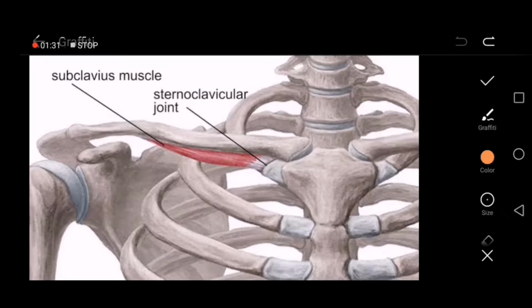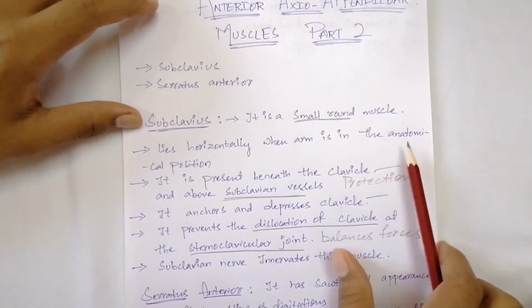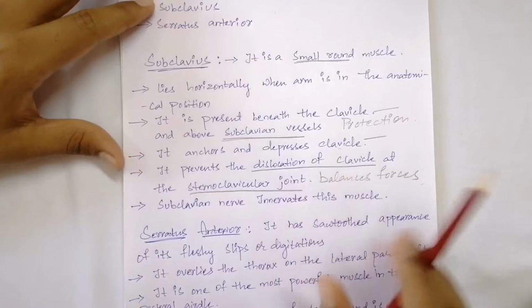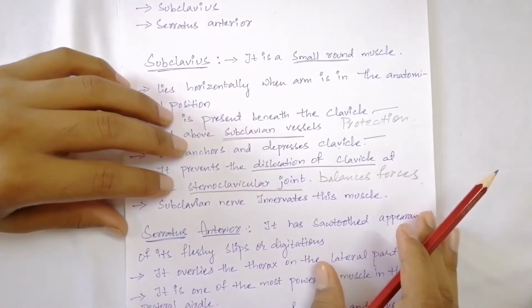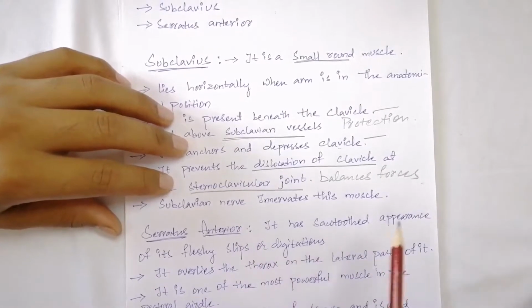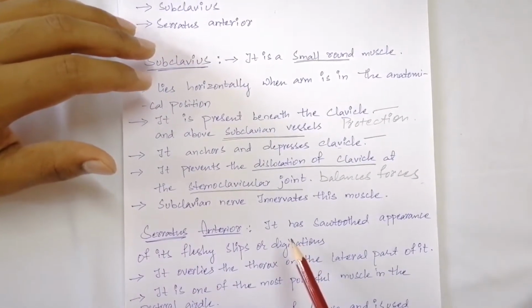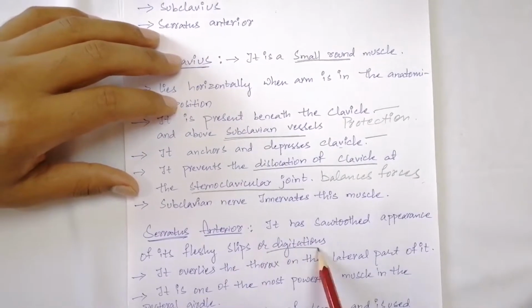So that's it. Let's move on to serratus anterior. After studying the subclavius muscle, let's move on to the serratus anterior muscle, which is the next muscle in the anterior axio-appendicular muscles. It is present on the lateral side of the thorax, and it has a sawtoothed appearance of its fleshy slips or digitations.